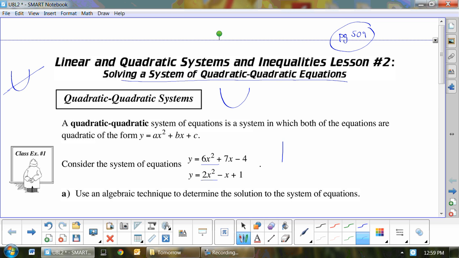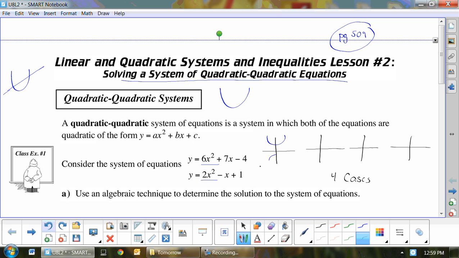So we have 4 different cases when we're dealing with these. In linear quadratic, we have 3 cases, right? 1 solution, 2 solutions, 0 solutions. So same thing here.